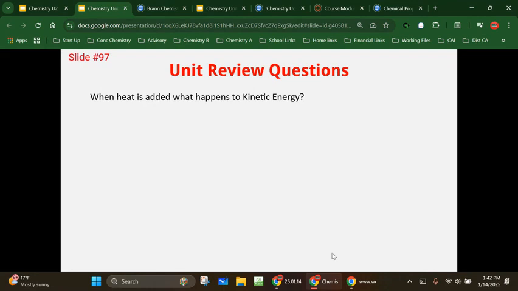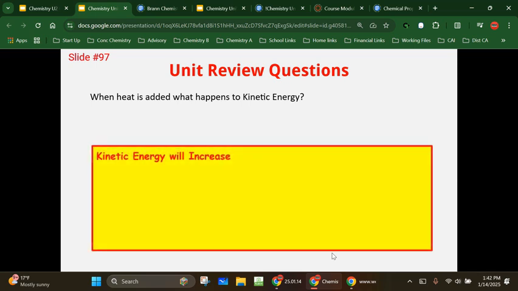When heat is added, what happens to kinetic energy? Kinetic energy increases. If you add heat to a substance, its kinetic energy will increase. The only way it will not increase is if the substance does what?